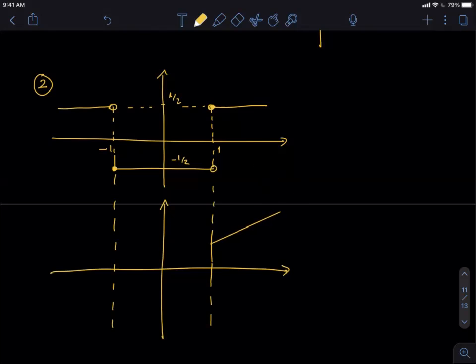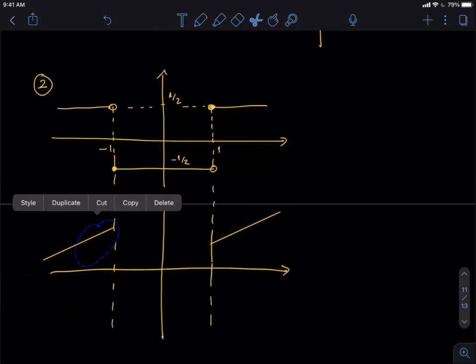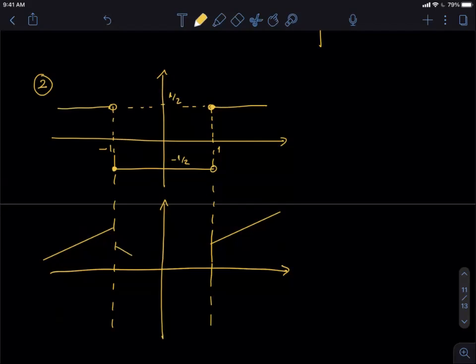And it's the same thing before -1. So we could put it anywhere, because of the vertical shift that we were saying before. So let's put it somewhere that is not very obvious. Let's say here. Okay, and then in the middle, between -1 and 1, we have a negative slope that is -1/2. So it will be something like this.